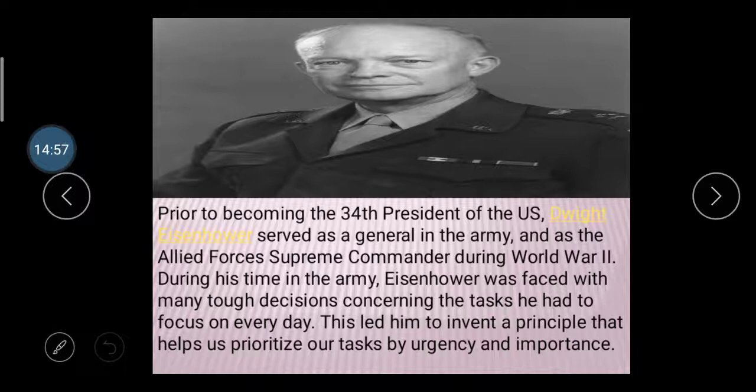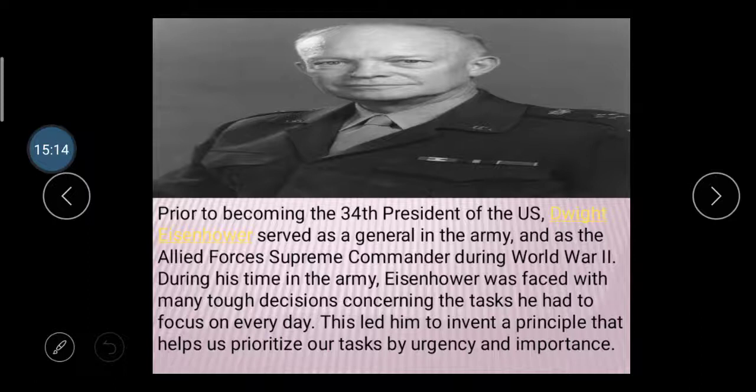At that time in the army they had to face problems regarding taking important decisions. At that time he gave the matrix to solve this type of dilemma in your time management. Okay, so what is the matrix?